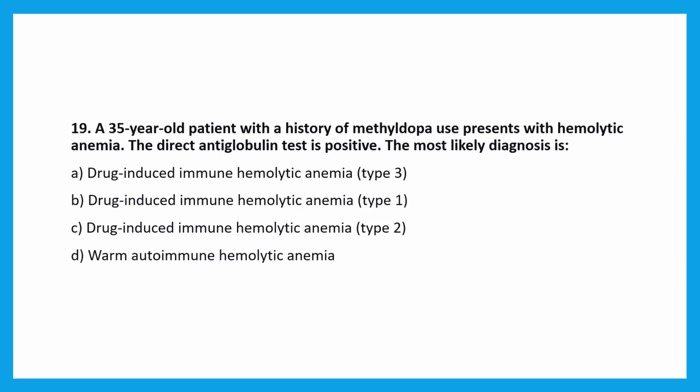Question number 19. A 35-year-old patient with a history of methyldopa use presents with hemolytic anemia. Okay, methyldopa is a drug, isn't it? The DAT is positive. What's the most likely diagnosis?